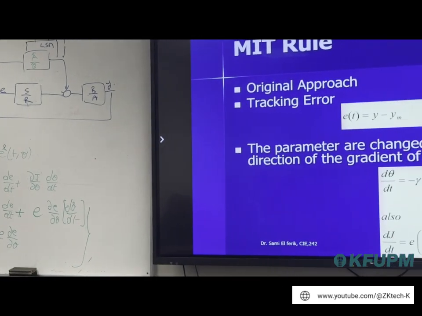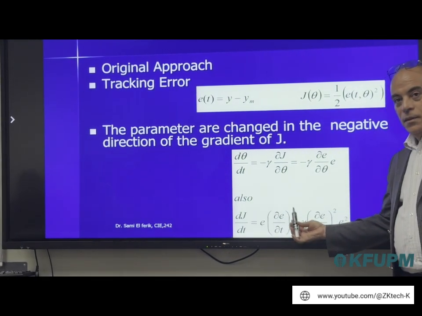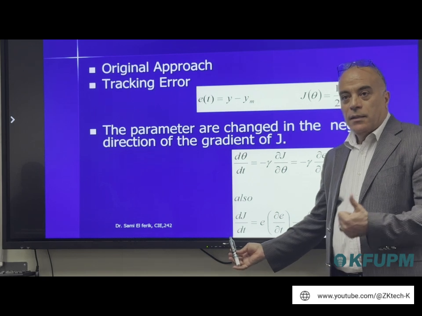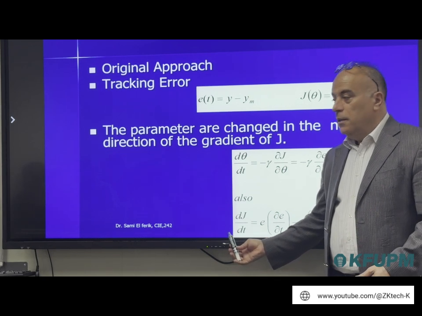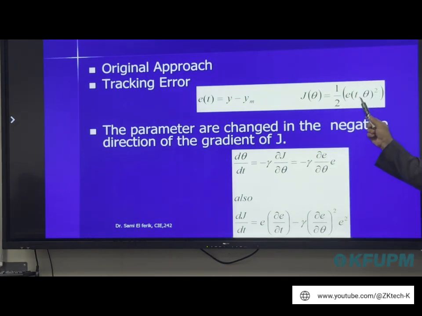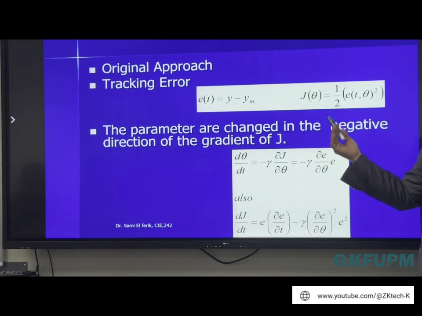The selection of gamma is going to make this term more relevant than this term, to force this derivative to be negative. So if J is a positive function and it's 0 only when e is 0, and the derivative of this function is negative, then it will go to 0.